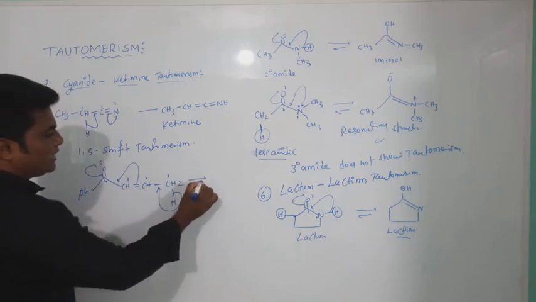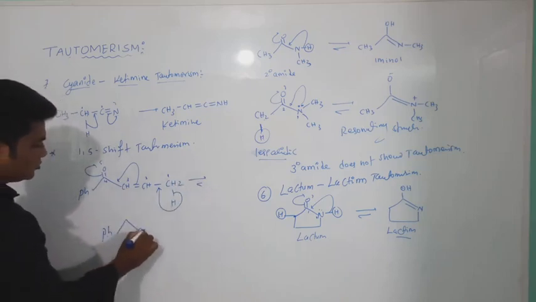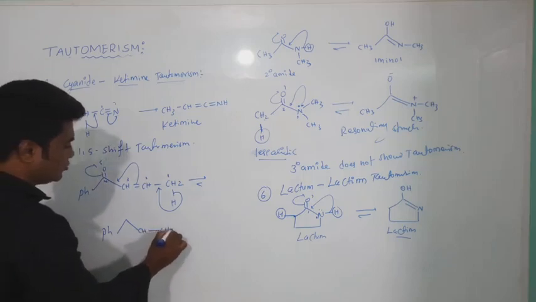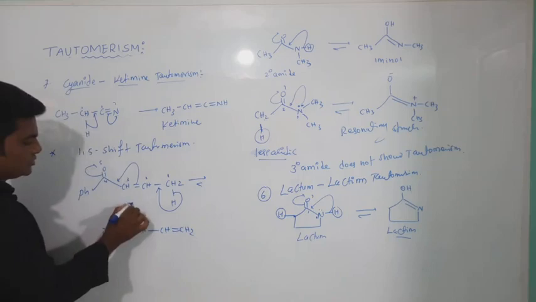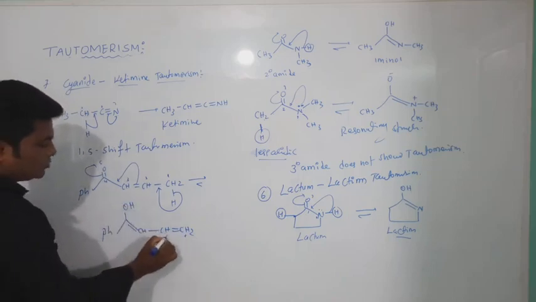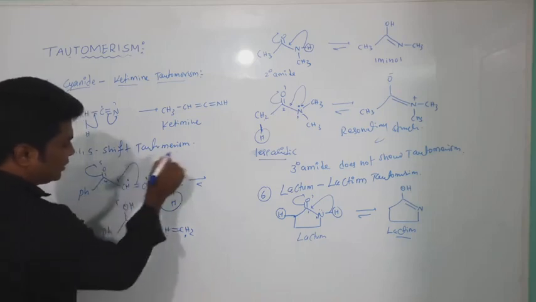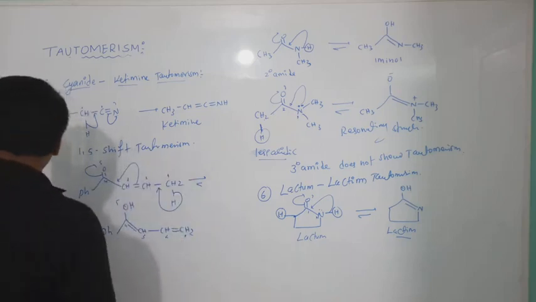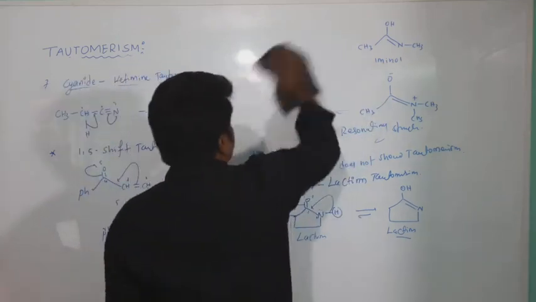So now I am writing here Ph, now CH single bond, now CH double bond here, now the double bond forms, and this is OH. See the position of hydrogen: 1, 2, 3, 4, 5. So this is called 1,5 shift. Understood?